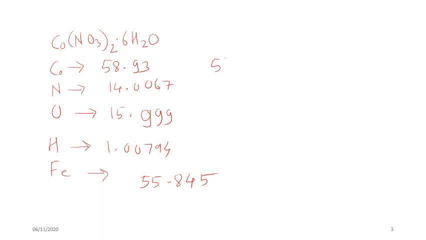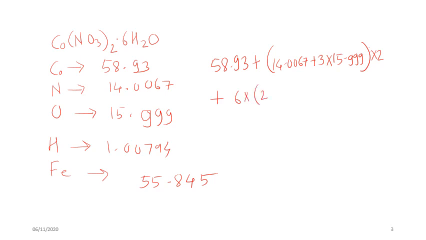So we can calculate the molecular mass of Co(NO3)2·6H2O like this. Co means 58.93, plus NO3, N means 14.0067, plus 3 times the atomic mass of oxygen, that is 15.999, and this multiplier 2 is there, plus 6 times the atomic mass of hydrogen, that is 1.00794, plus oxygens, that is 15.999.